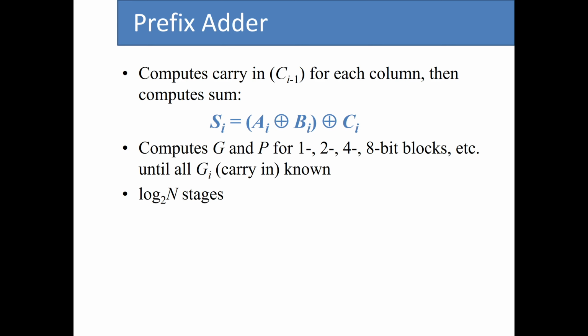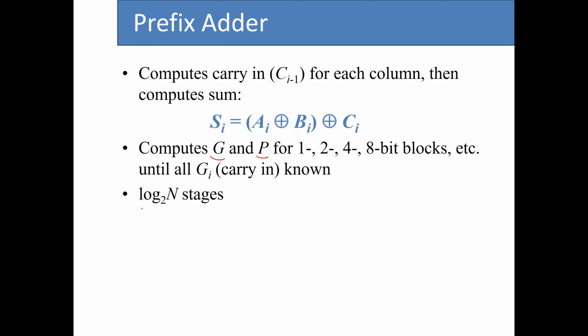So what we do is that we create generate and propagate signals for blocks of size 1, 2, 4, 8, and so on and so forth, right? By doing that, we can significantly reduce the calculation time even further.